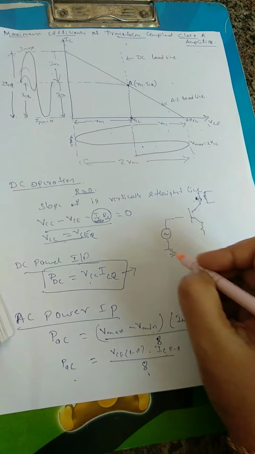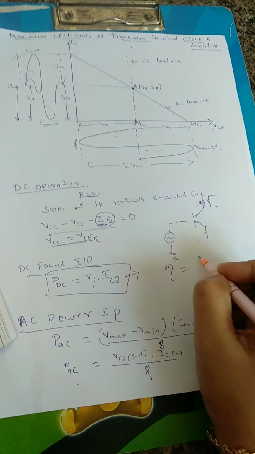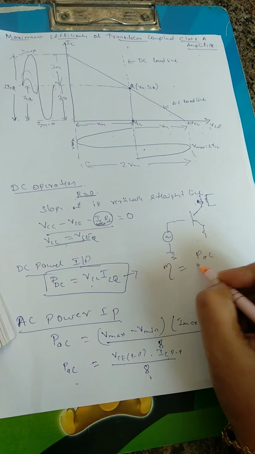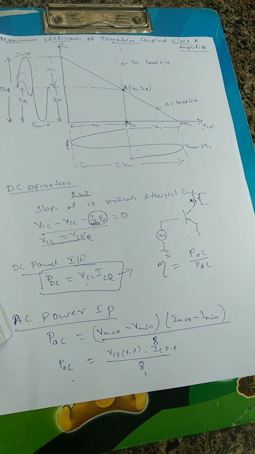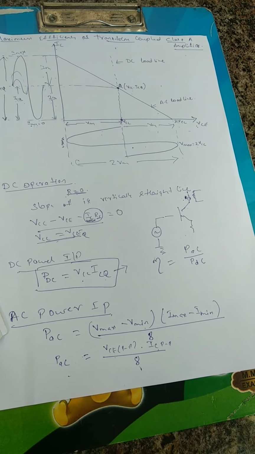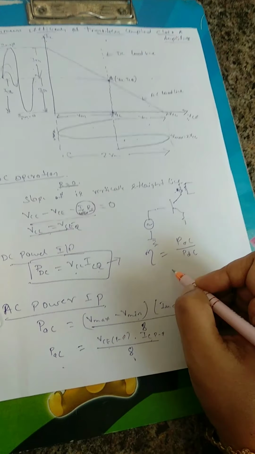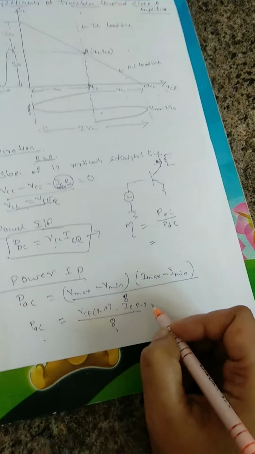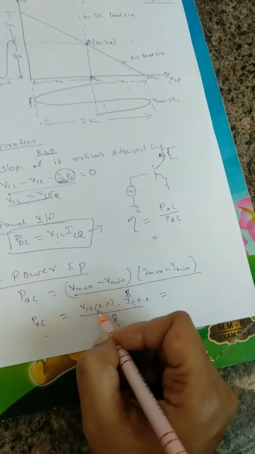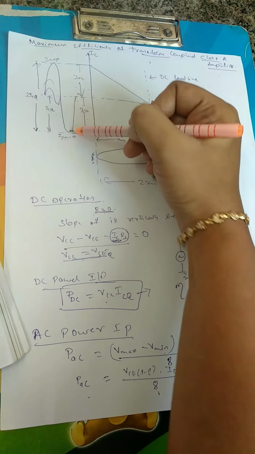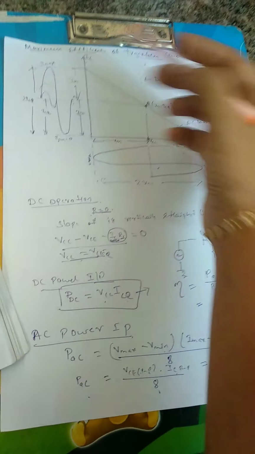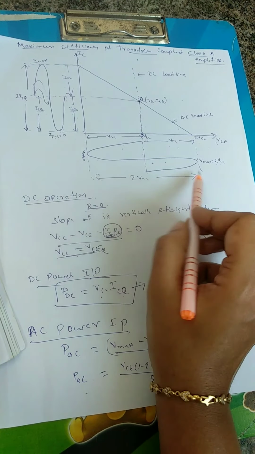So how do we calculate eta? Eta is PAC divided by PDC. What is PAC? It is VCE peak to peak times IC peak to peak, divided by 8. IC peak to peak is from here to here, and VCE peak to peak is from here to here.